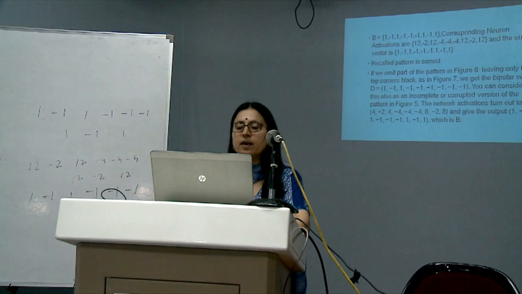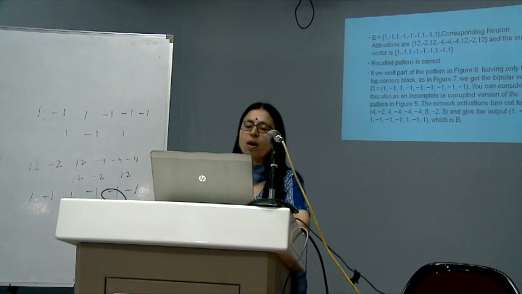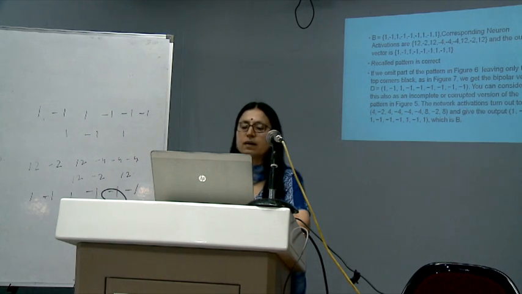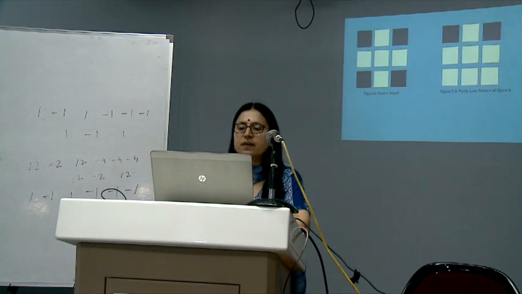If this is your input vector, then the recalled output vector is 1, minus 1, 1, minus 1, minus 1, minus 1, 1, minus 1, 1, which is vector B. So it is able to recall the pattern in figure 6. That is the beauty of the network.